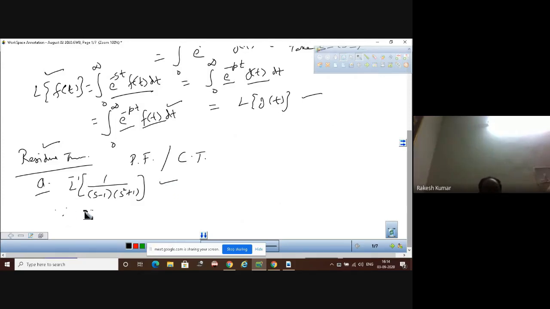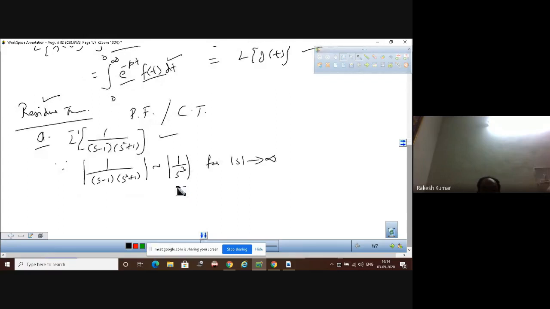Because the modulus of this function is approximately 1 over s cube, we take the maximum value approximate to that, and this maximum value approaches 0 as the modulus of s approaches infinity. So it should always be true. There is no doubt about that.